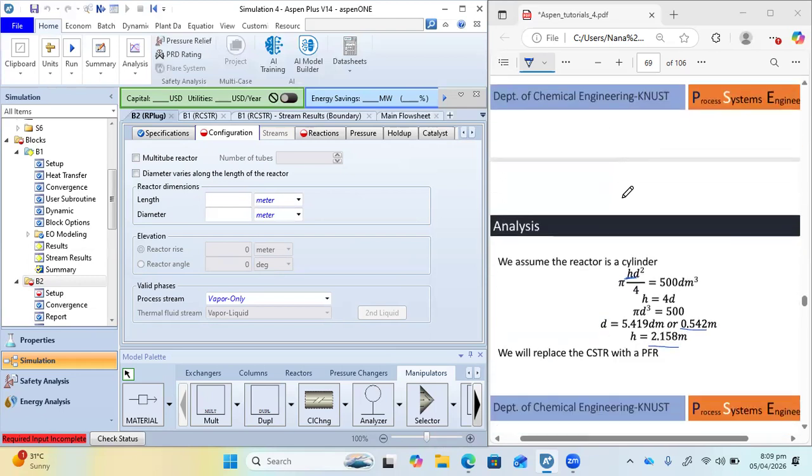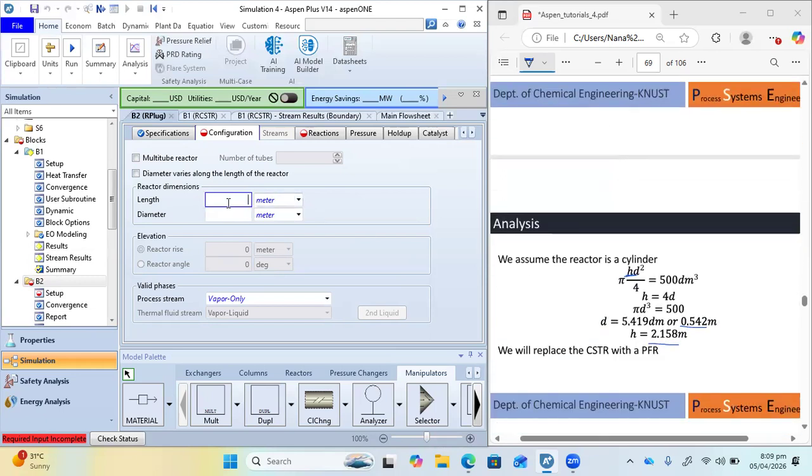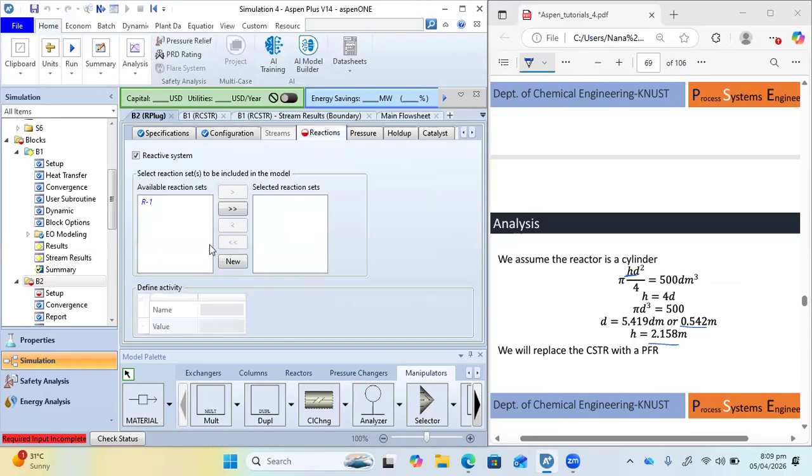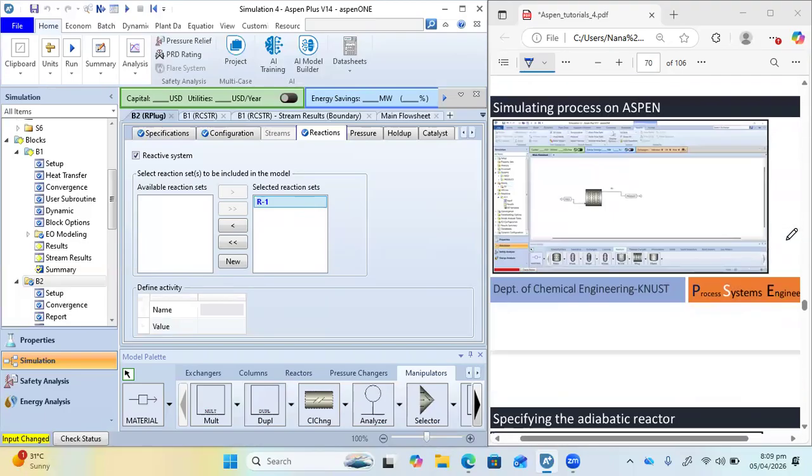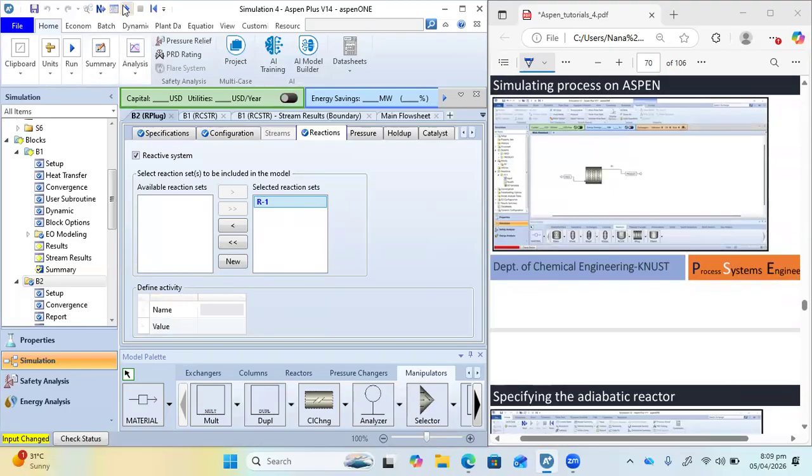Now the length, we calculated to be 2.158 meters, and then the diameter was 0.542. Once again, vapor only for the process stream, very important. Then the reaction is the same reaction, so we'll just select R1. We don't need to re-specify, we've already done that. So we'll just select reaction 1 and then we can run it.